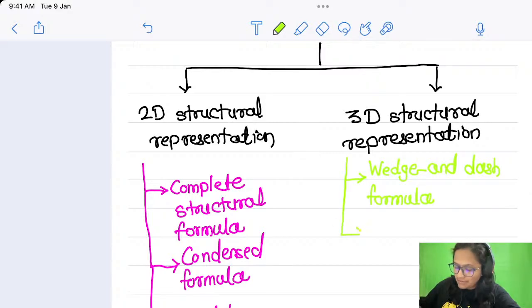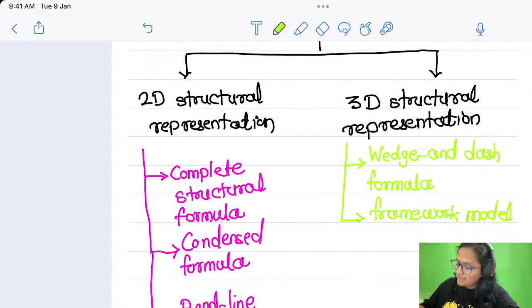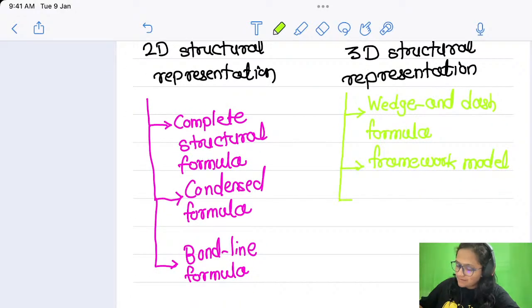The next one in this is the framework model. What all of these mean we are going to discuss later on. After this, the next is the ball and stick model.